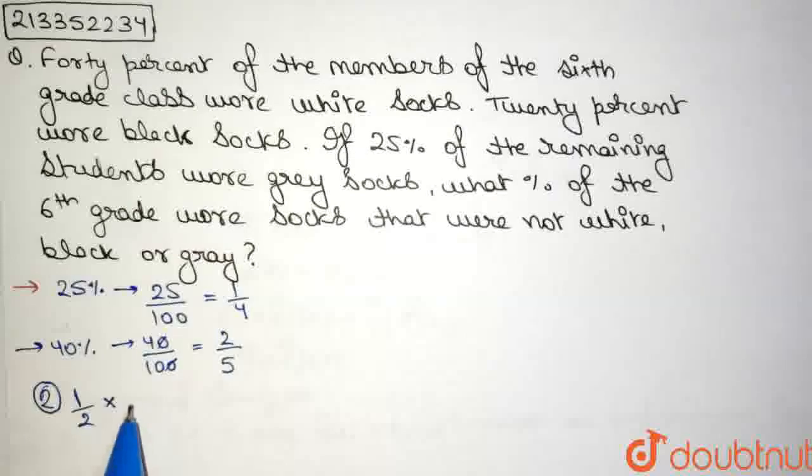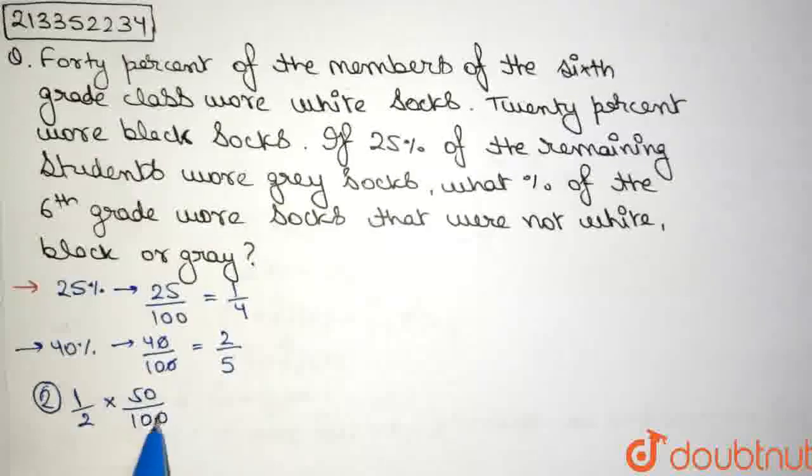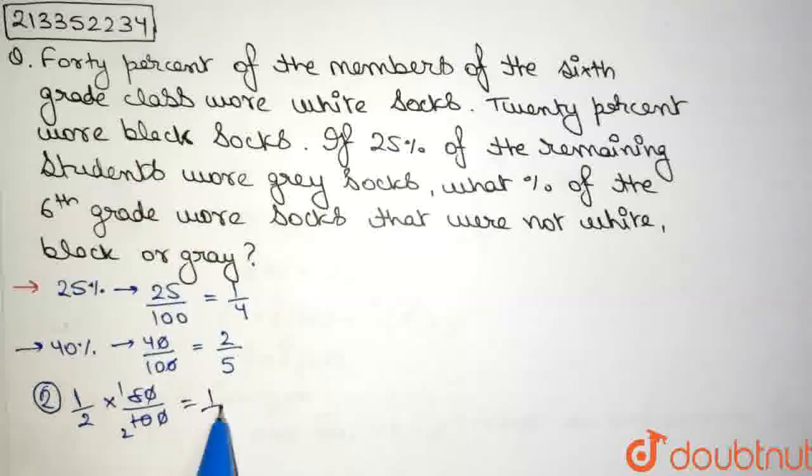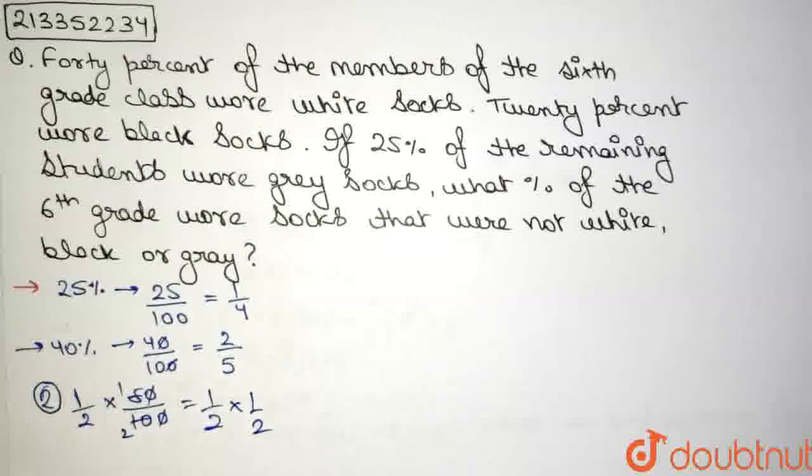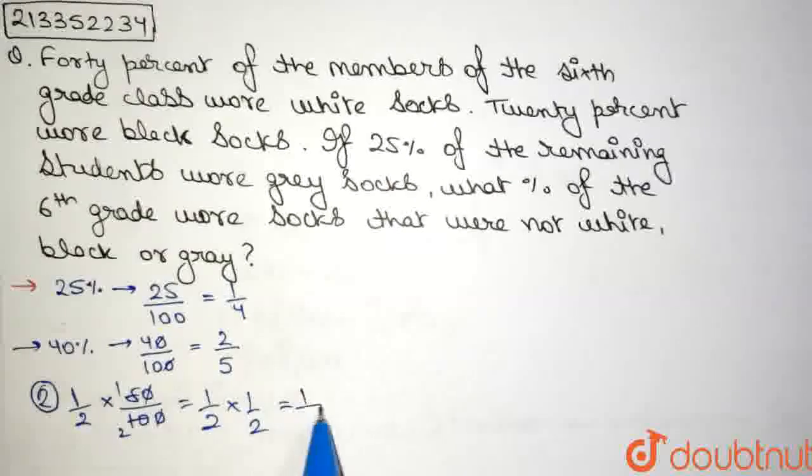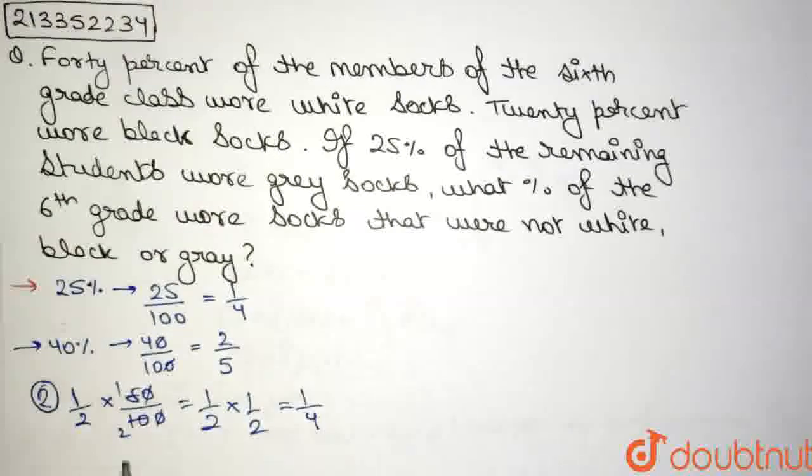We are going to simply multiply it by 50%. Now, I just told you that if you want to represent it in terms of fractions, we simply divide by 100. So 50% is going to become 50 by 100, and if we cancel out, this becomes 1 by 2. So 50% of 1 by 2 is nothing but 1 by 2 into 1 by 2, and this equals 1 by 4. That means 50% of 1 by 2 is 1 by 4.